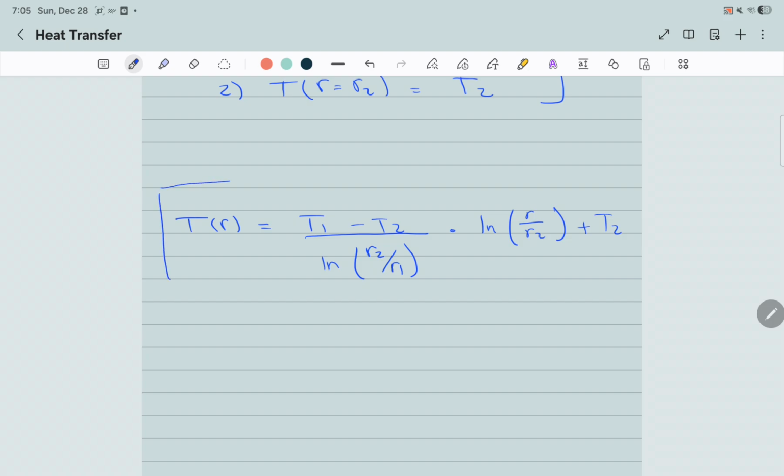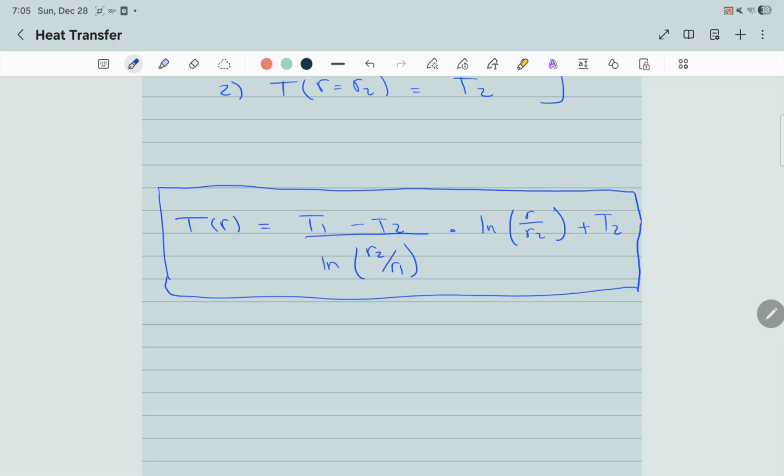That's after finding the values of C1 and C2 and entering them into the equation. Okay, so that is the temperature distribution or variation in a cylindrical pipe or tube.